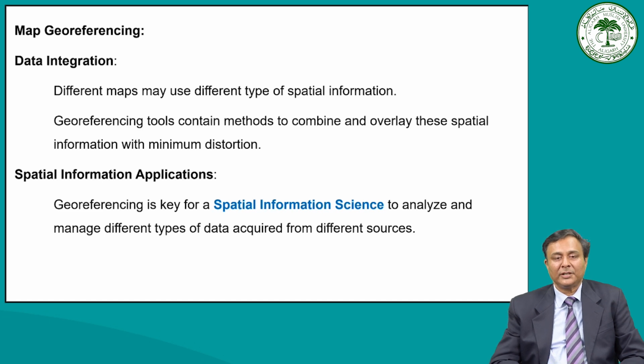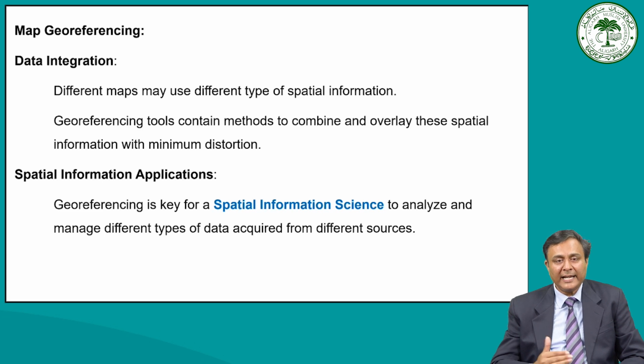So georeferencing tools contain methods to combine and overlay this spatial information, and if there is no error in the original spatial data, then there would be minimum distortions, and that helps us to analyze and examine the changes or the transformation which are happening over time or within the geographic space.